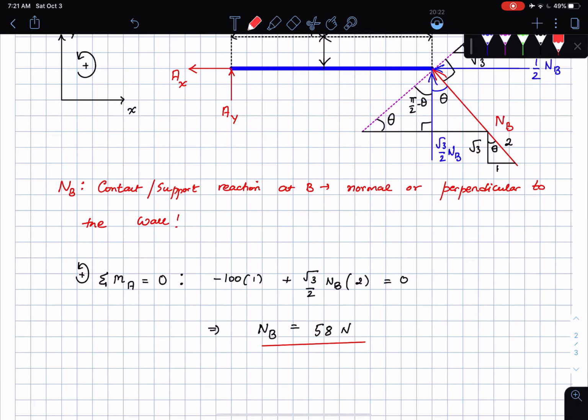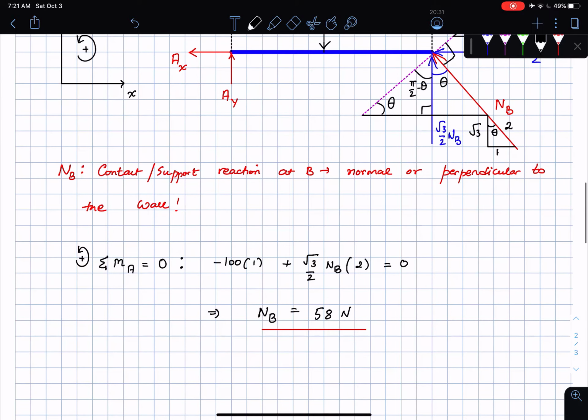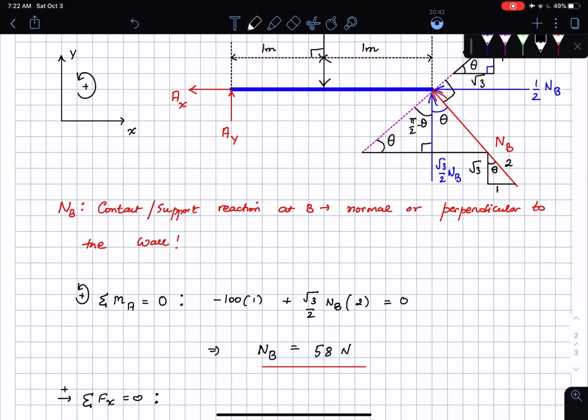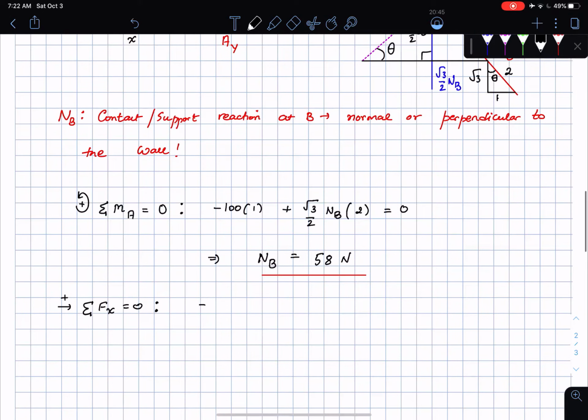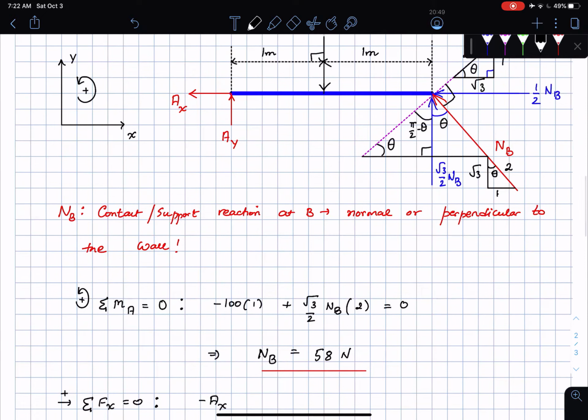Okay, and once I have NB, then the rest of the problem is just summing forces in the horizontal and vertical directions. As you can very clearly see, let me sum forces in the horizontal direction first. Sum of forces in the x direction, all the forces pointing to the right are positive. What are the forces? I'm going to have a force AX which is pointing to the left, so that's going to be negative. Then I go back to my free body diagram. What are the other forces? A force of half NB which is pointing to the left, so that's also going to be a negative value.